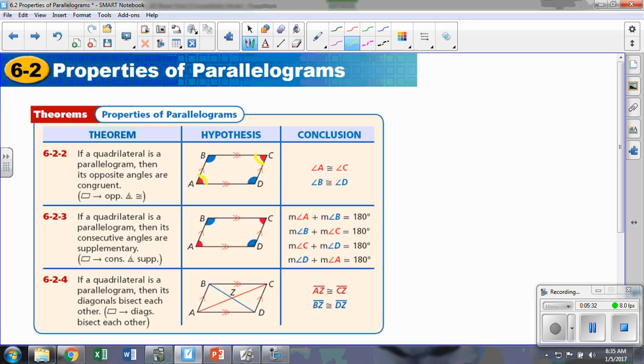But the basic idea is you can draw a diagonal. When you draw on the diagonal, what will you know is true about those two triangles? Well, since opposite sides are the same, that's one pair of congruent sides, two pairs of congruent sides, three pairs of congruent sides.